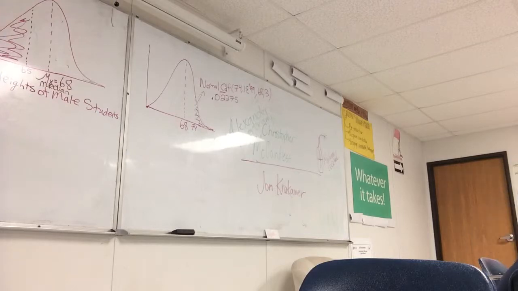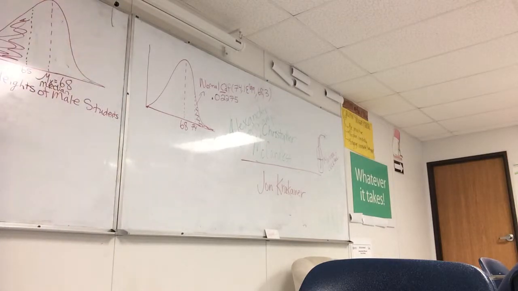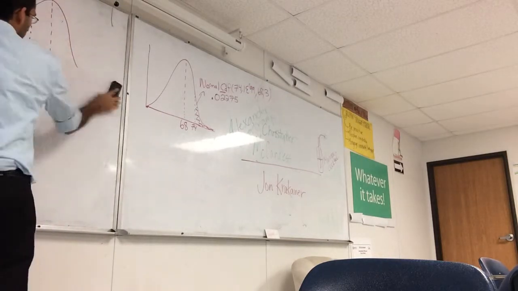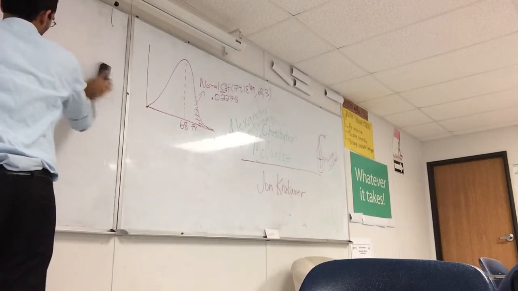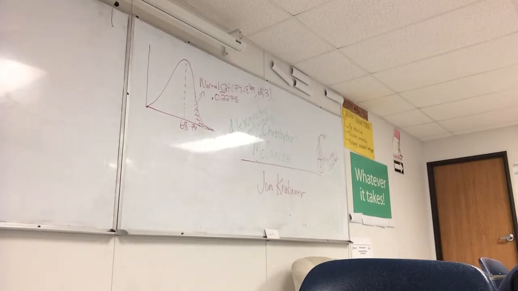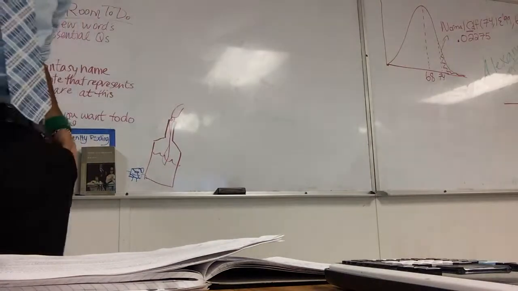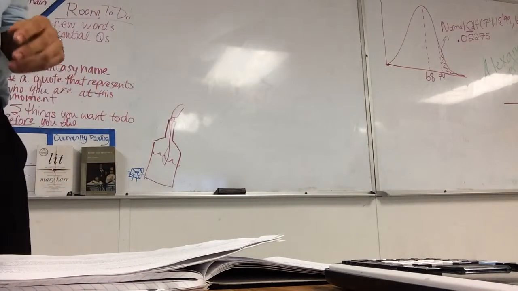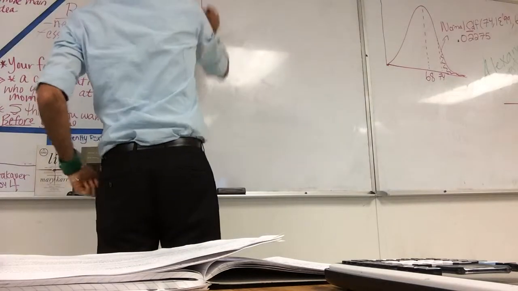All right, let's look at C. It's right up on the board. Those who are good can move on their own to letter C. What is the probability that a randomly chosen student is between 60 and 72? So again, I'm going to draw my picture.